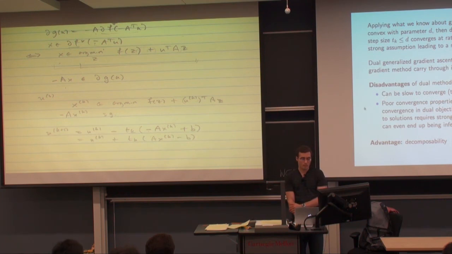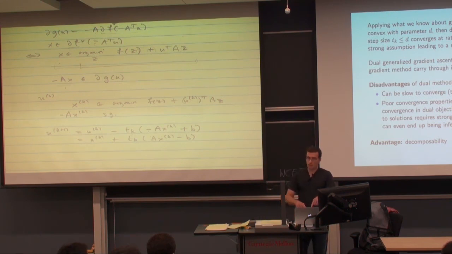Another disadvantage is that it has poor convergence properties. Even though we're talking about achieving convergence here, we're talking about convergence in the criterion. So the dual criterion converges to the optimal dual criterion, which means that the primal criterion is also going to converge to the optimal primal criterion because of strong duality. But we're not talking about convergence of the actual iterates u or x.